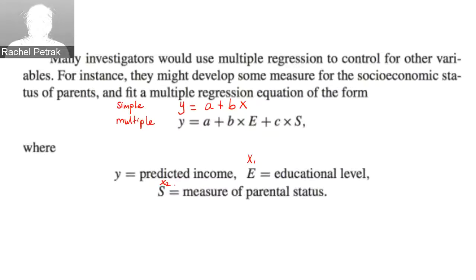So that's the difference when you're doing multiple regression: instead of just having one predictor variable to help you account for change in y, you have more than one predictor variable. And each predictor is treated in the same way. It has a slope and a place in the equation, which is what we see here. This slope, c, is also a slope, but it's the slope of y on x2.